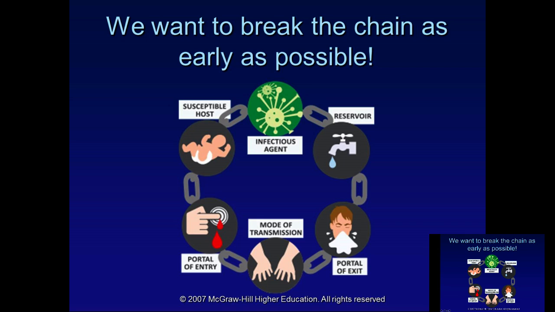Portal of exit would be, let's say we didn't kick it at the reservoir level. It's still present. We'll do another situation. Let's say we're looking at mono. Mono is very prevalent in college students. The virus is called the Epstein-Barr virus, but the virus that is associated with mono exists in our ecosystem, so we can't break it at that level. Let's say somebody acquires the virus, okay?